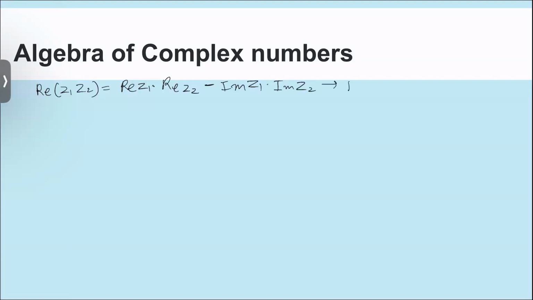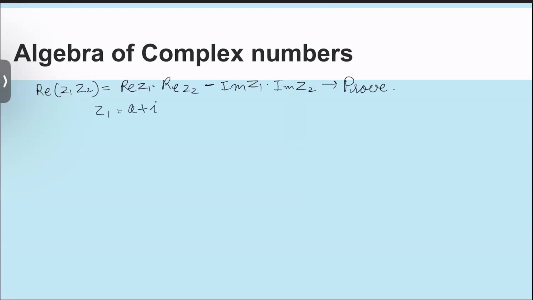So you have to prove this. Consider Z1 equals a plus ib and Z2 equals c plus id.